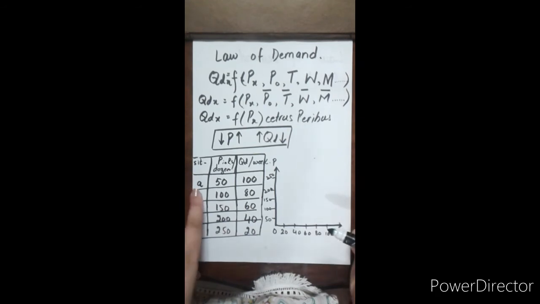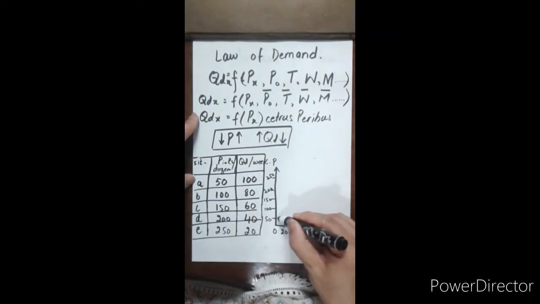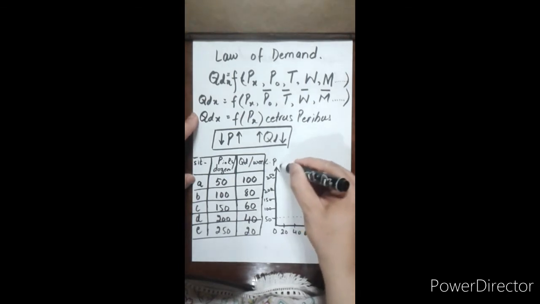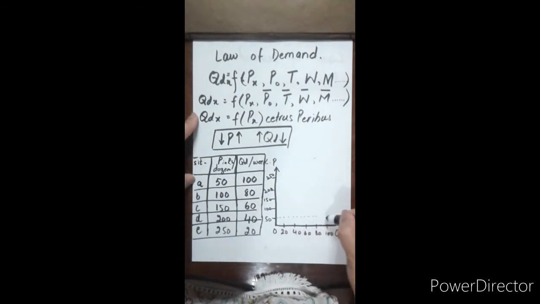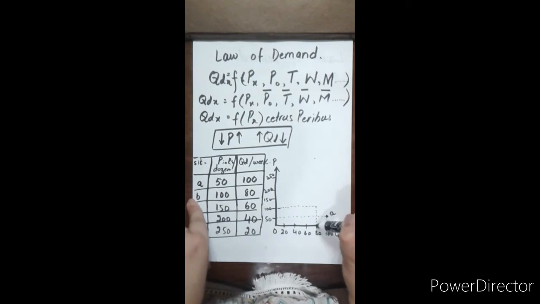Now let me draw these combinations. My first combination is at price 50, quantity demanded was 100. So here I trace my price from here, since I have taken price here. At 50, quantity demanded was 100. This is my scenario A. Now scenario B: when price was 100, quantity demanded was 80.